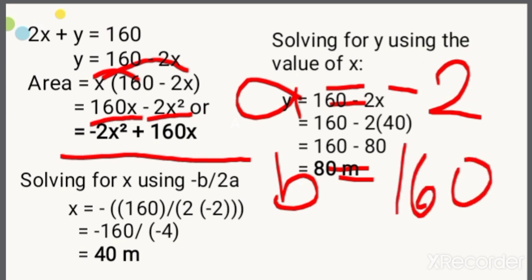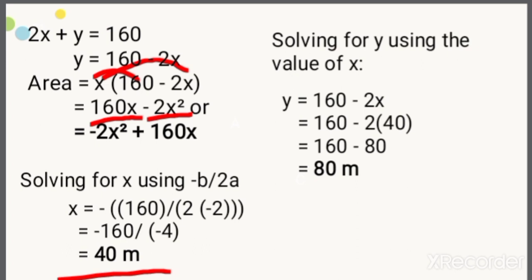So we have negative 160 over 2 times the value of a, which is negative 2. So negative 160 over 2 times negative 2, which is negative 4. Negative 160 divided by negative 4, the result is 40 meters.